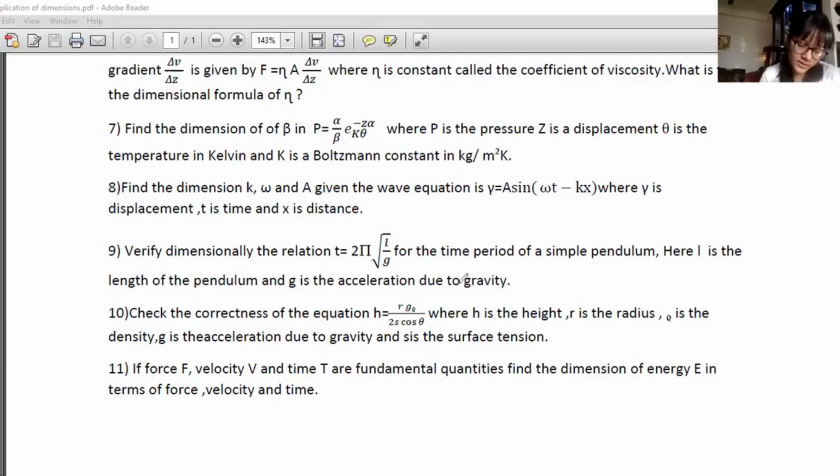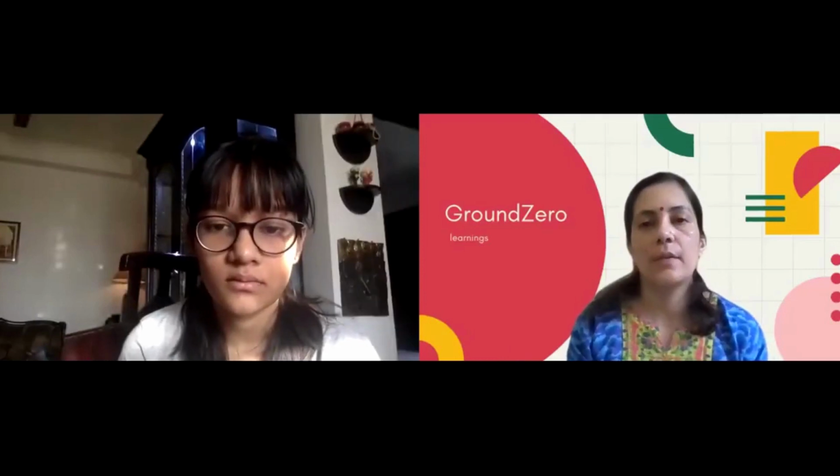It is not correct. So how did you do that? The LHS dimension is L, and the RHS dimension is L to the power minus 1. So you have done it right.